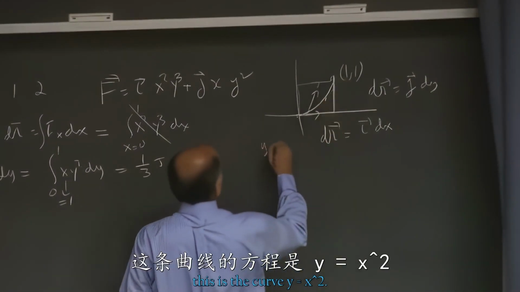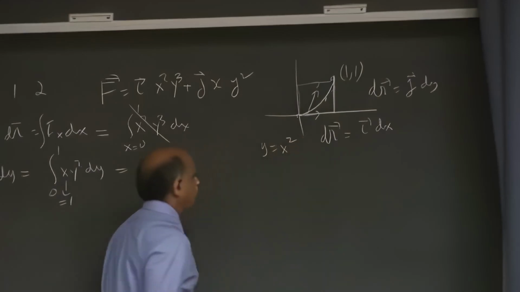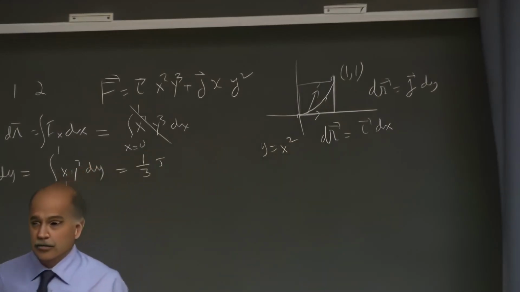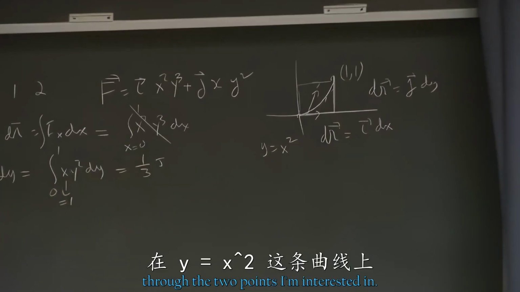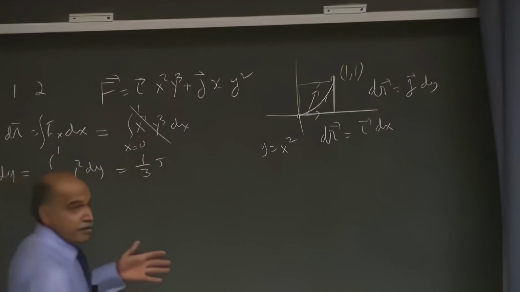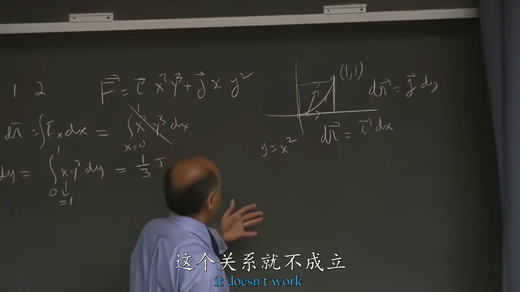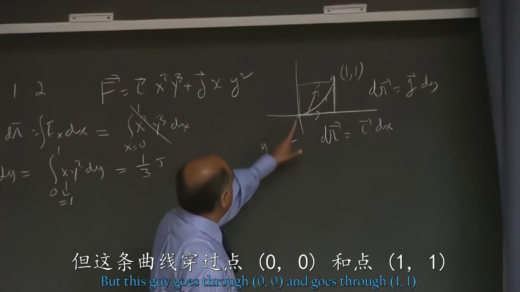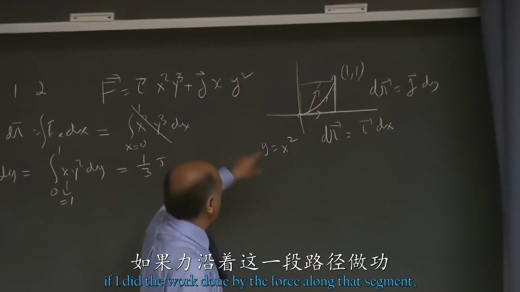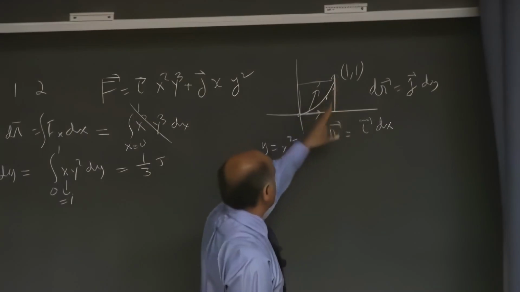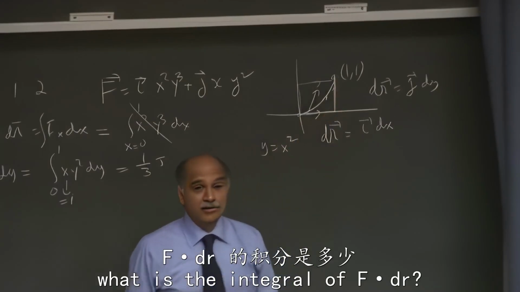This is the curve y equal to x squared. First of all, you've got to understand the curve y equal to x squared goes through the 2 points I'm interested in. Okay, if you took y equal to 5x squared, it doesn't work. But this guy goes through 0, 0 and goes through 1, 1. And I'm asking you, if I did the work done by the force along that segment, what is the integral of f dot dr?